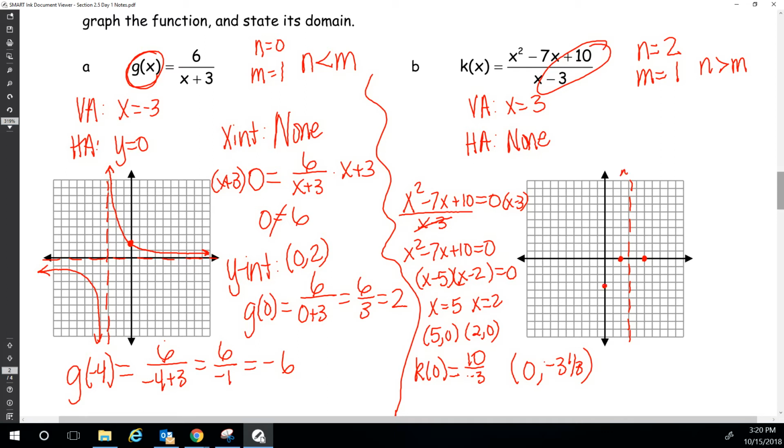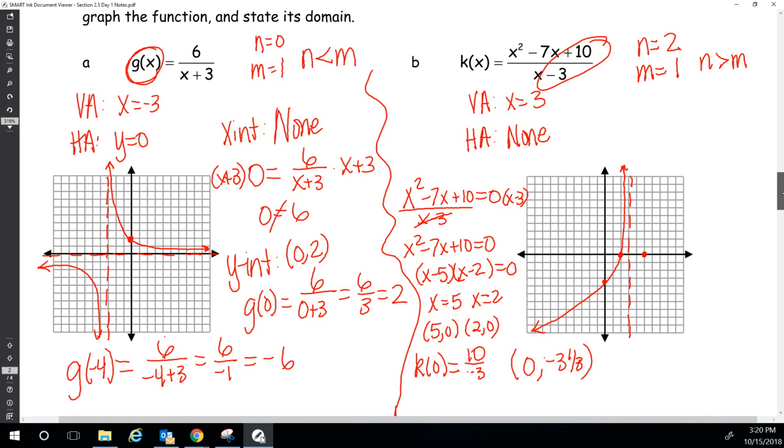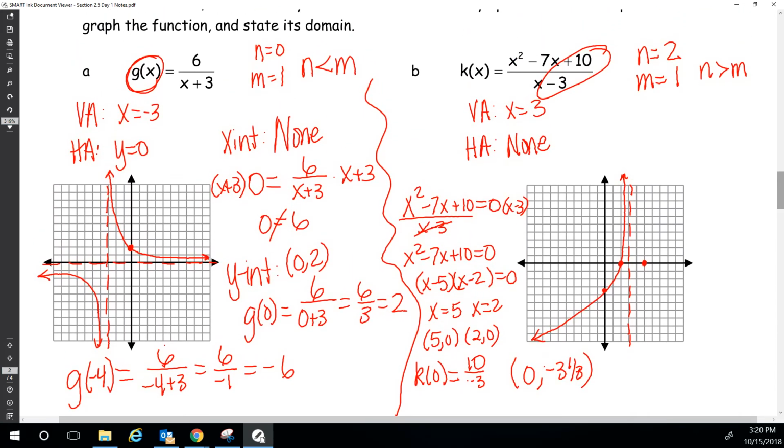So having 2 points, I know that the graph is going to look something like this. On this side, though, I don't know, is it going to go like this, or is it going to be hugging the asymptote and then flare out like that? So in order to find that, I need another point to help me graph it. It's kind of like when you're graphing a line, you have to have 2 points in order to know how to graph it. All right, so let's pick something.